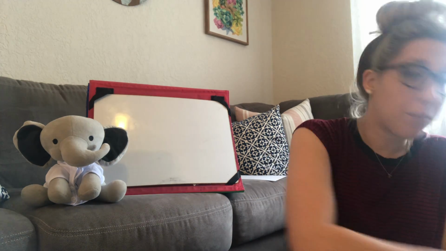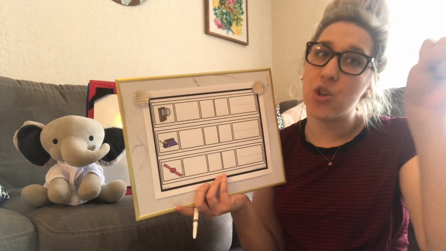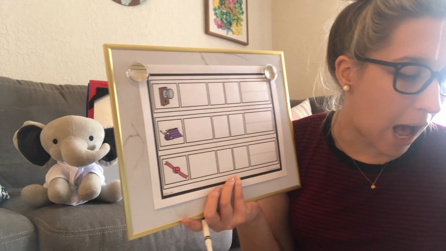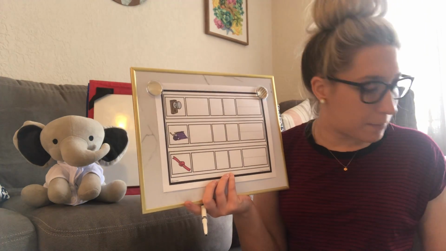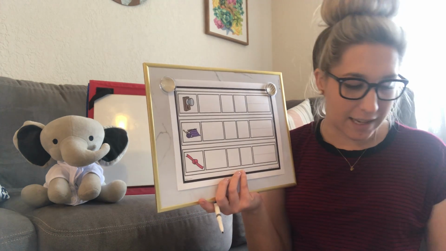And so our last one that we're going to talk about is a new digraph that we haven't talked about as much, and I want us to get some practice with it. So this one is our n sound, and with it, it has a silent letter. So this is a picture of a knob, like a doorknob, and with knob, it's going to have a digraph at the beginning, but that digraph has a silent letter.